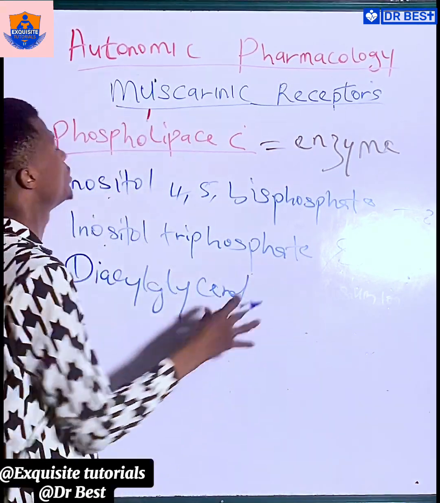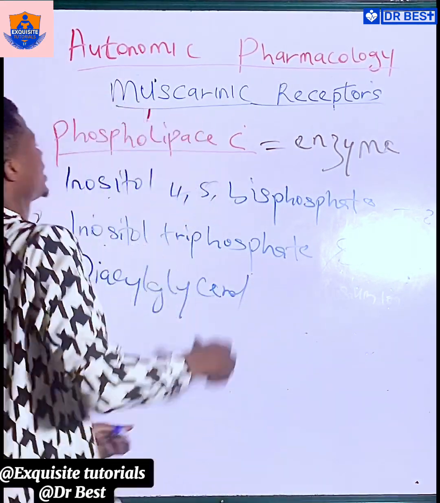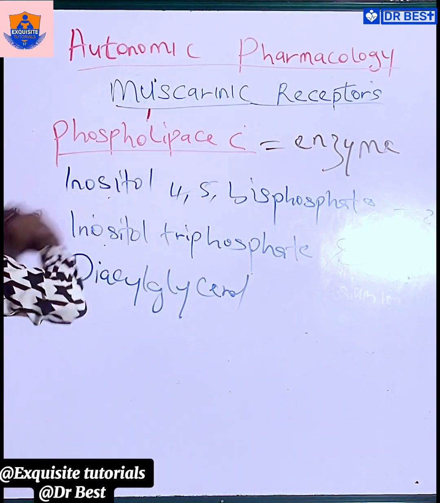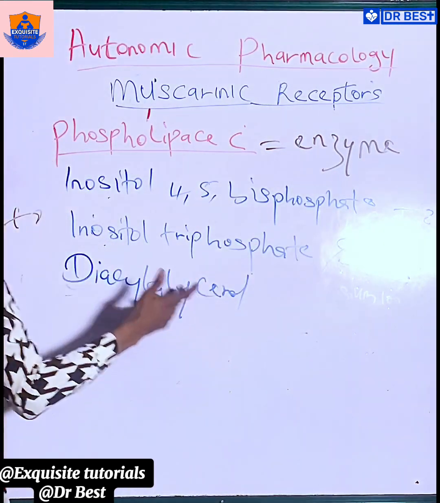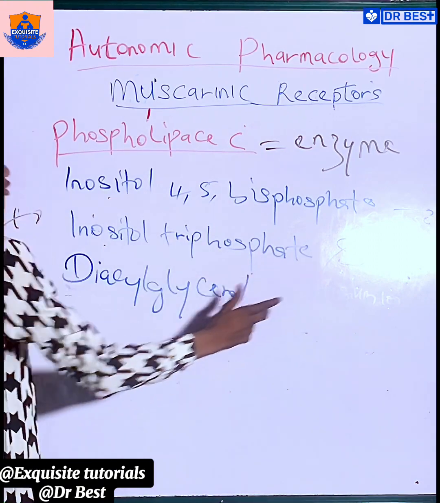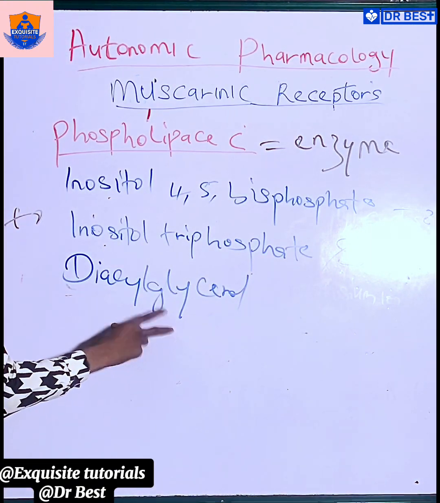diacylglycerol. So which means without this enzyme, inositol 4,5-bisphosphate will not be converted to inositol triphosphate and diacylglycerol, right?